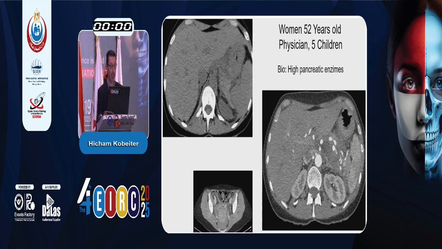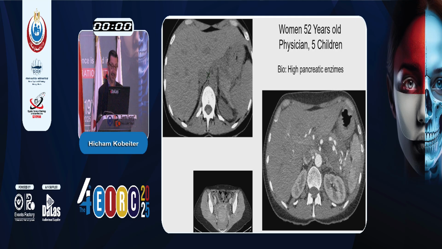Sometimes it's more tricky. The patient, a physician with a large number of kids, had abdominal pain and low blood pressure, was sent to us, had a CT scan, and was almost sent to gynecology because they suspected something in her pelvis.